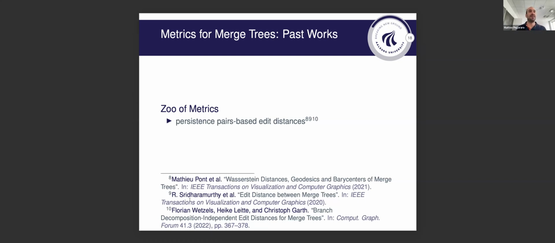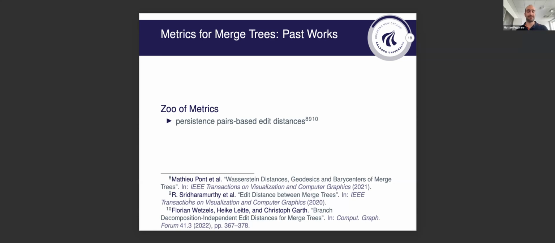These instead have very good computational properties, and they can be described in this way. If you want another way to see the difference between persistence diagrams and merge trees, a persistence diagram is just the set of the persistence pairs, the birth-death couples. The merge tree is the set of persistence pairs, but which inherit some hierarchical structure.